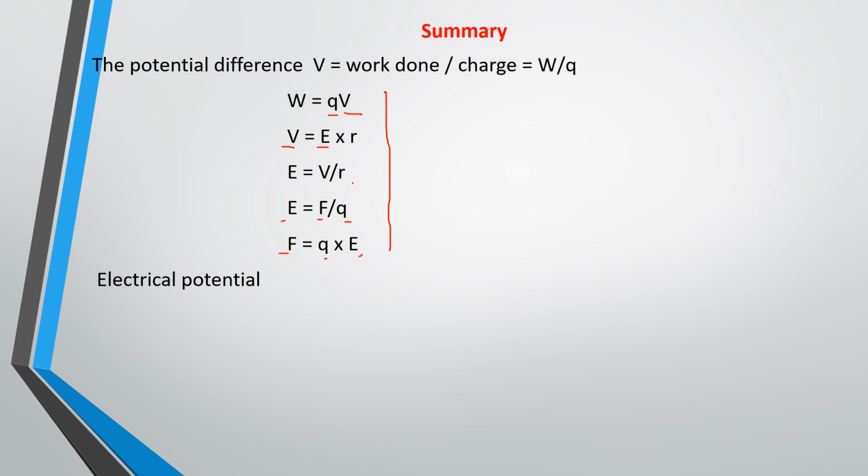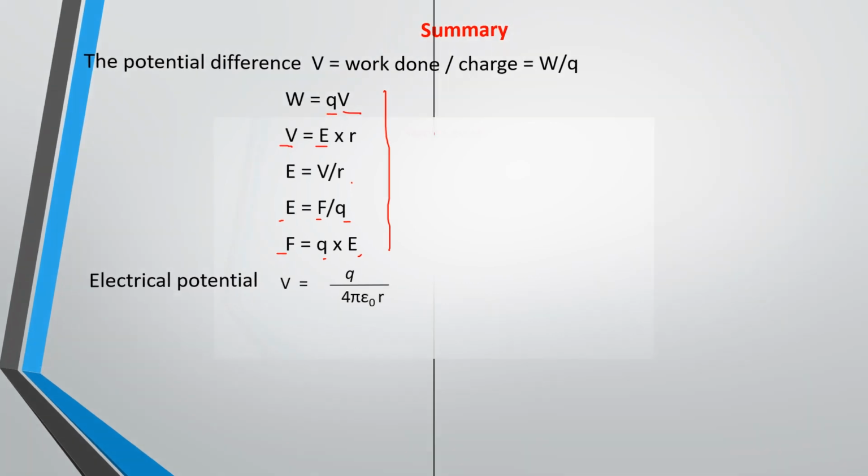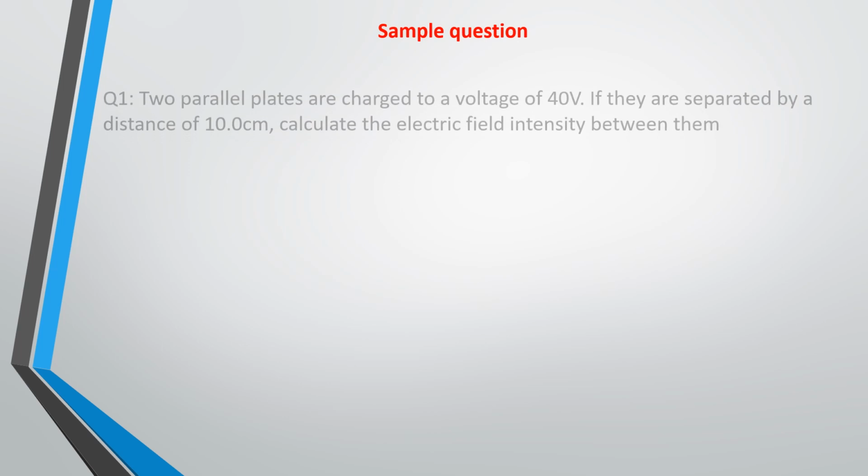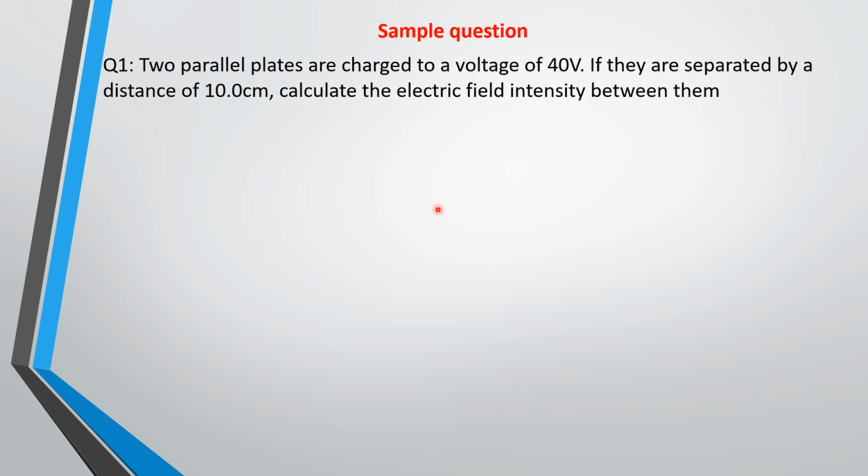So with these equations in mind, we are going to solve some problems now. This question says that two parallel plates are charged to a voltage of 40 volts. If they are separated by a distance of 10.0 centimeters, calculate the electric field intensity between them.